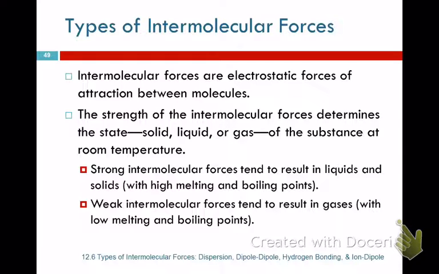All nonpolar, all weak intermolecular forces, all gases. Because they're not tight with the other molecules. They don't have that intermolecular force of attraction. Nitrogen, oxygen, and fluorine, right? All diatomics, all nonpolar, all gases at room temperature.